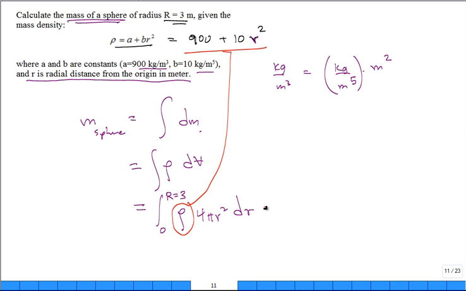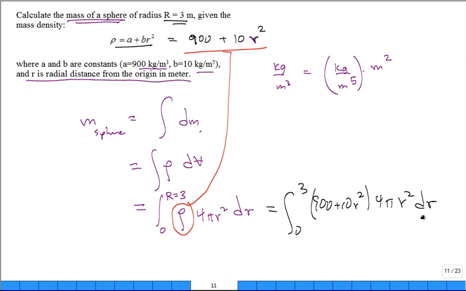So you do that integral, okay? So the integral that needs to be done is 0 to 3, 900 plus 10 r squared times 4 pi r squared dr.